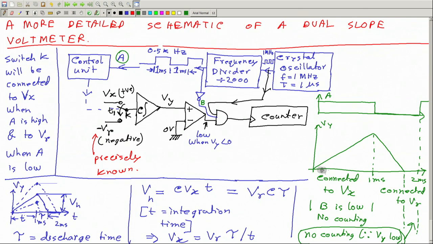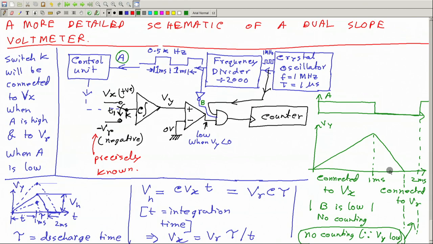Here, due to this input, the counter will not work. Only in this part the counter works. So the counter value tells me this time, right? The counter value will tell me only this time. Note it very carefully.